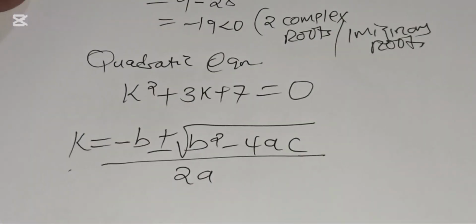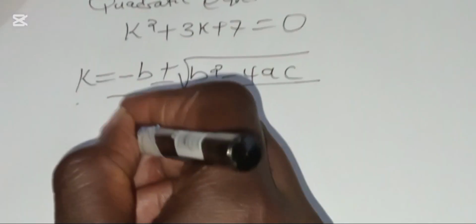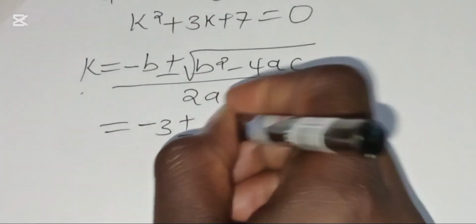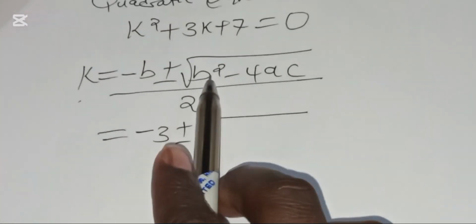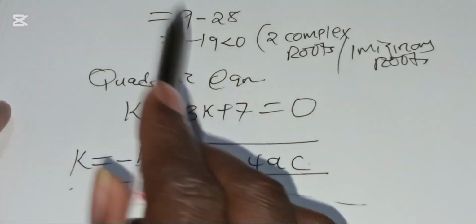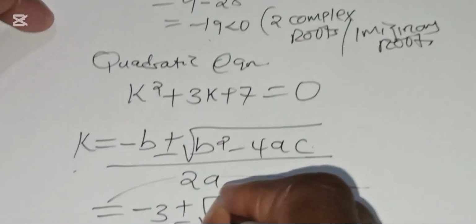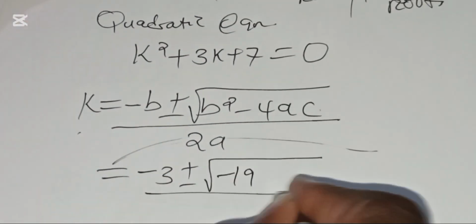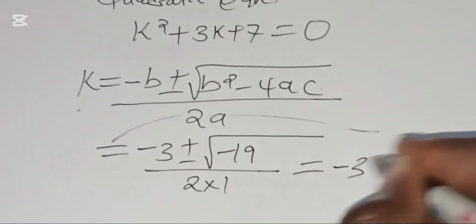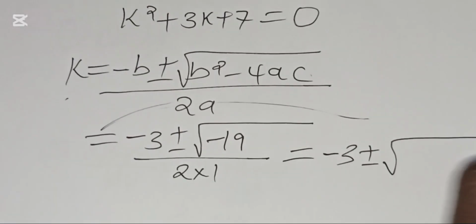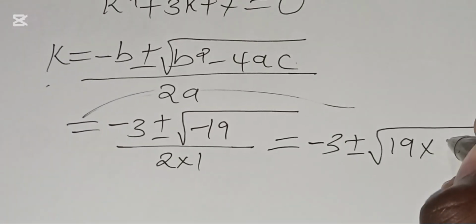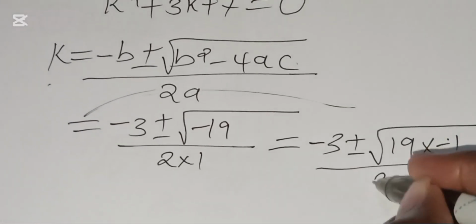So let's substitute the values of a, b, and c, so that we're going to have negative 3 plus or minus the square root of negative 19, divided by 2 times 1. This is equal to negative 3 plus or minus the square root of 19 times negative 1, divided by 2.